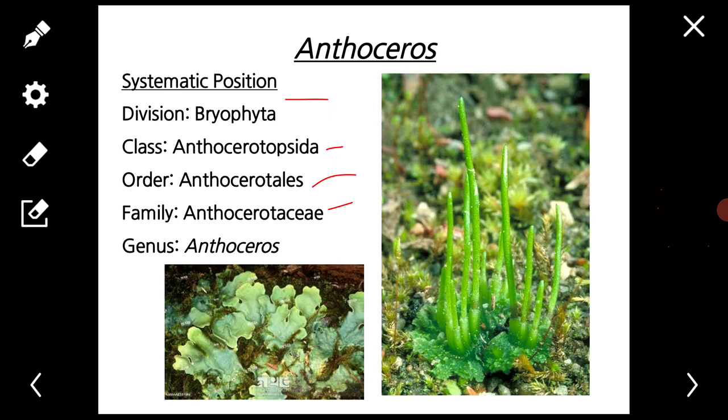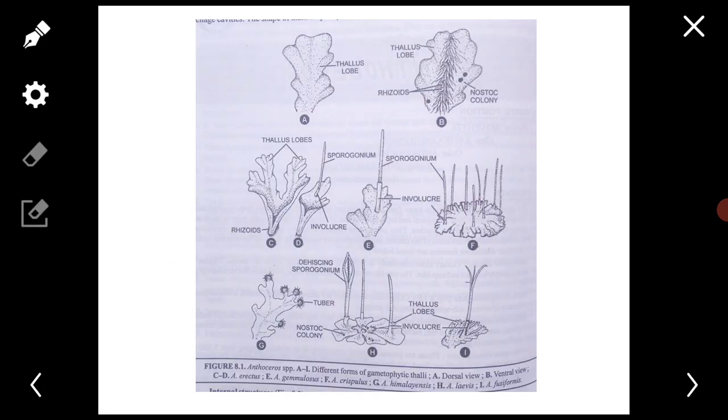Going to the vegetative structure, the external features or morphology of the Anthoceros thallus. The thallus of Anthoceros is small, dorsiventral, yellowish green or dark green.